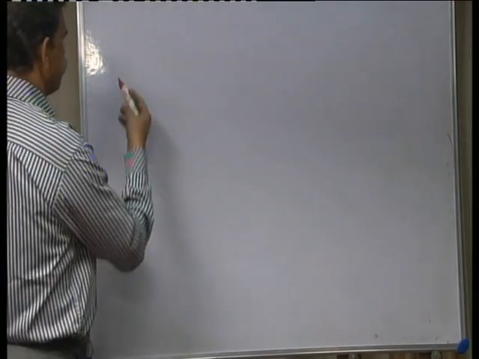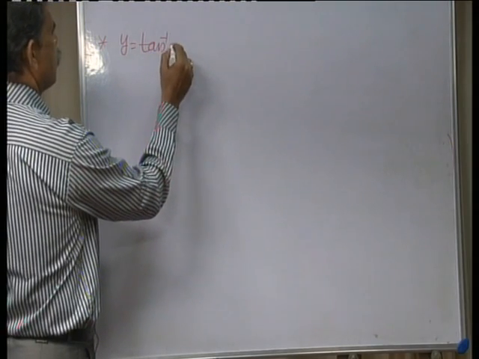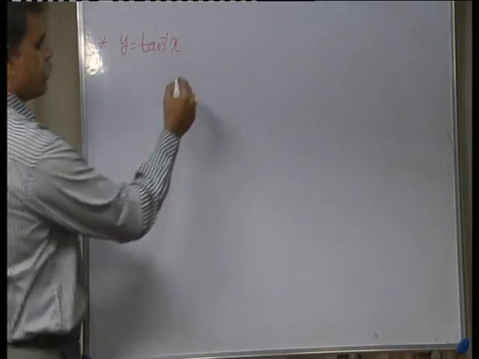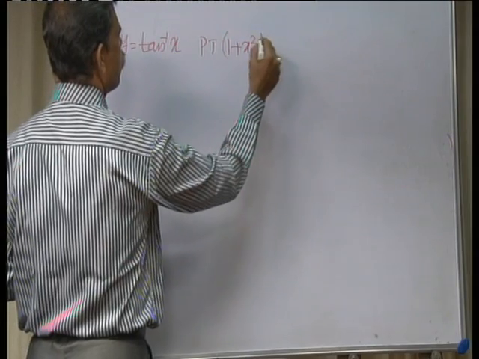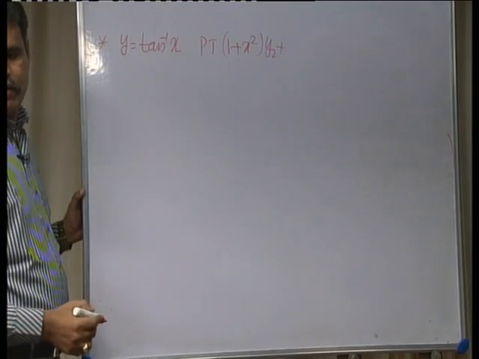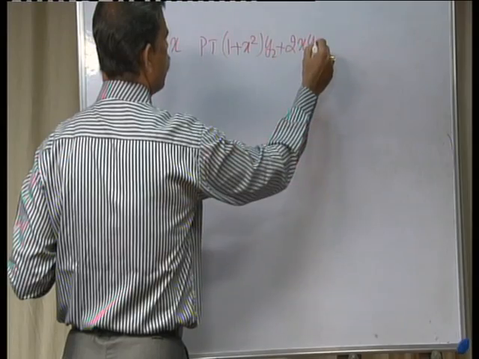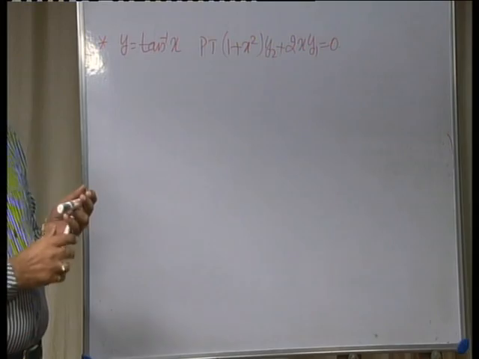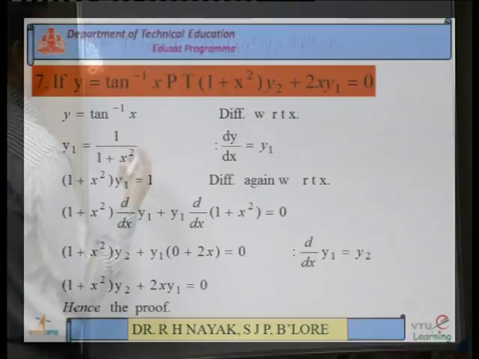The question is, if y is equal to tan inverse x, prove that 1 plus x square into y2 plus 2x y1 is equal to 0. In most of the question papers, this question will always be there.